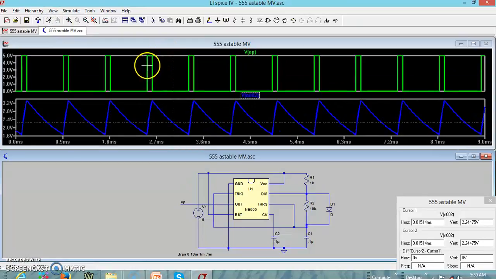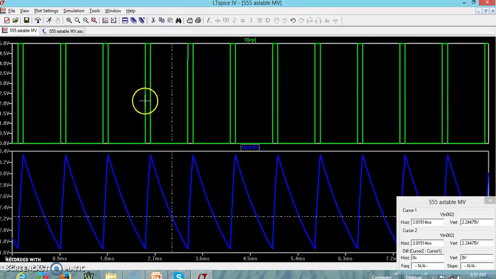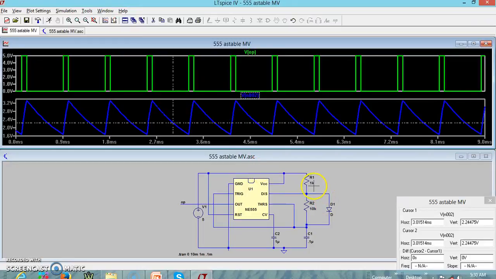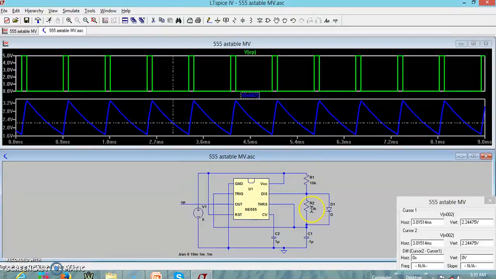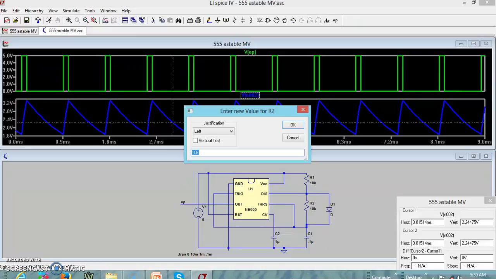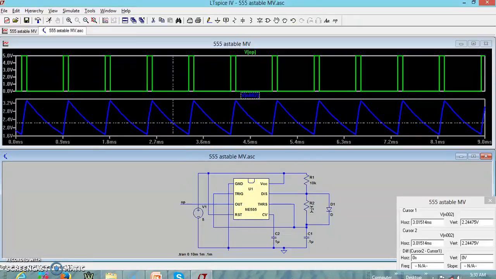Now you can see it is on for a smaller duration and off for a larger duration. The on time is less and the off time is more. This was not possible without the diode. If I do the vice versa, suppose I make this 10K and this 1K, I can make the duty cycle around 90%.